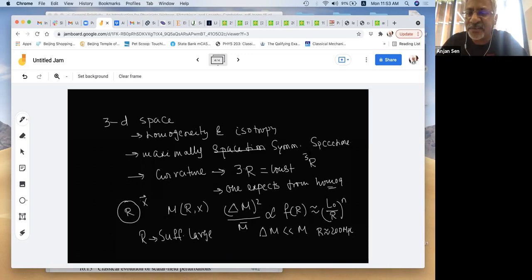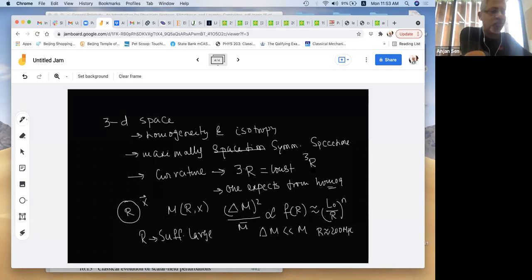I just write 3 because in general when I write capital R, it means the Riemann curvature of the four-dimensional space-time. So here I put a 3 to show that this is the Riemann curvature of the 3D space.